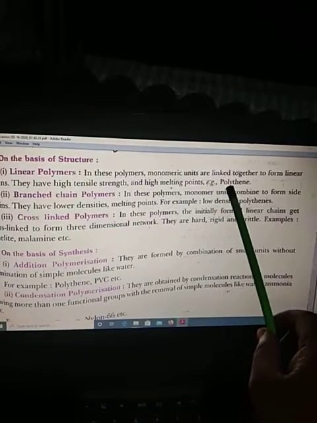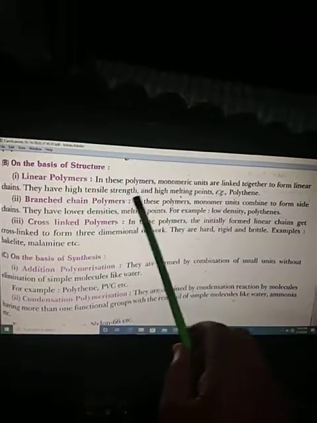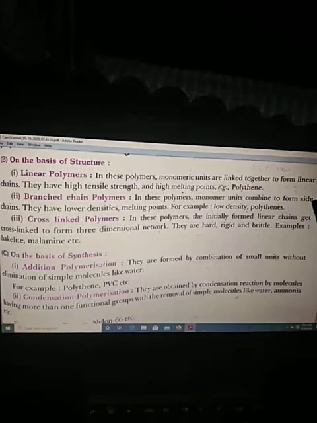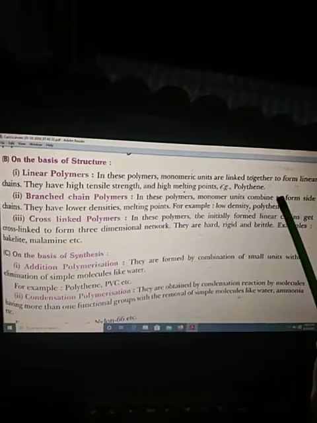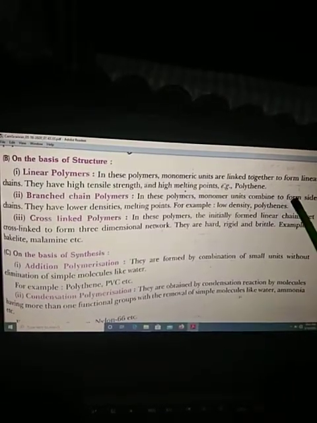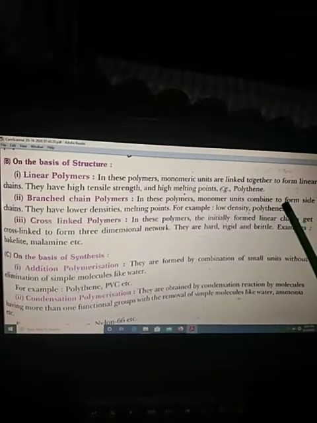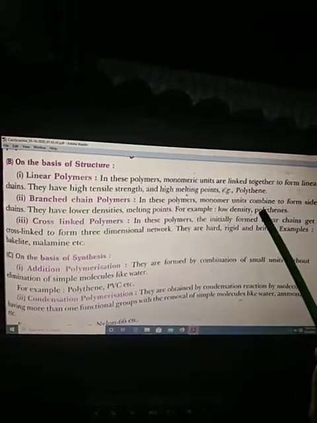Example is polyethylene. The next, branch chain polymers. In branch chain polymers you'll find not a simple chain, but there will be branches. So they have low density and melting point, and the example is low density polythene. Polythene is of two types, high density polythene and low density polythene.